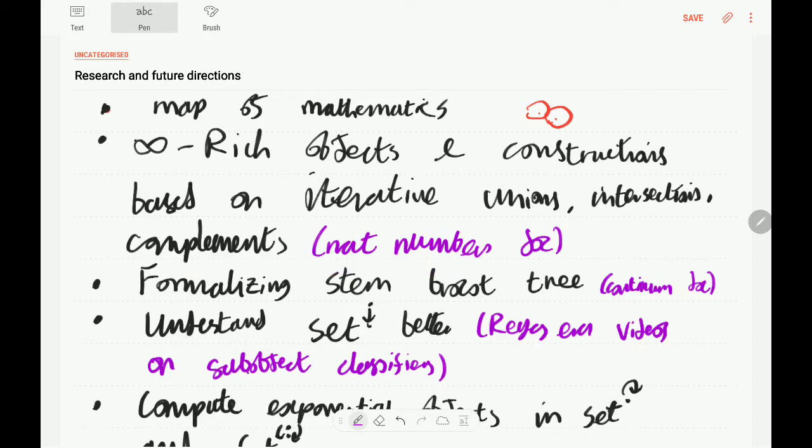Another idea is about the Stern-Brocot tree. So it seems to me that there are some issues about properly modeling the real numbers in toposes. The Dedekind cut definition, is that equivalent to the Cauchy sequence definition of reals?